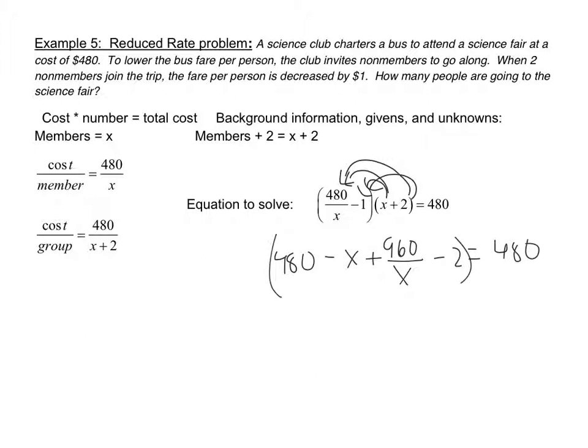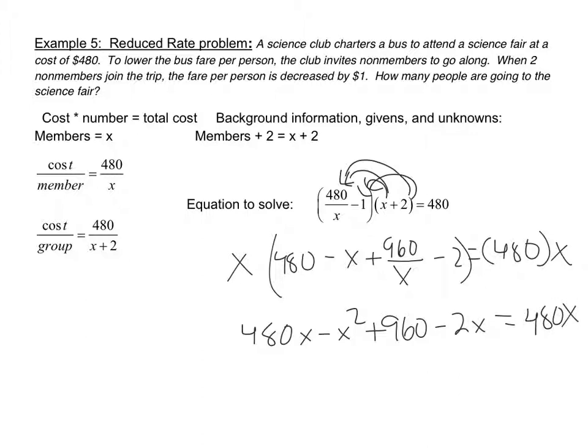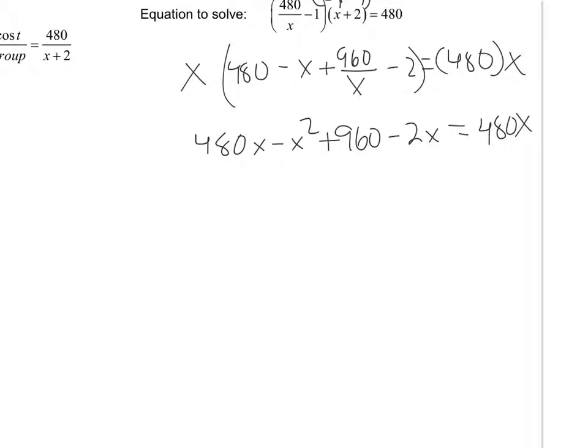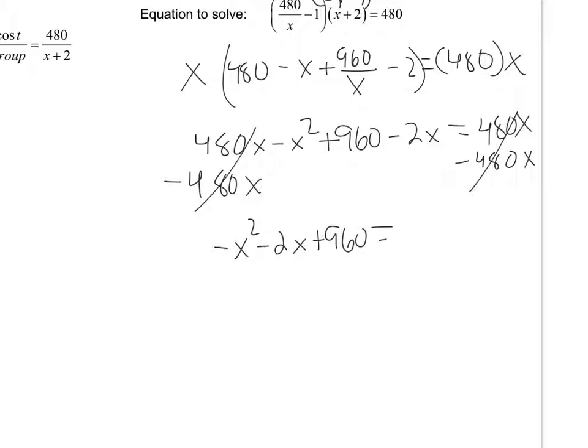Now we're going to multiply both sides of the equation by X. So you get 480X minus X squared plus 960 minus 2X equals 480X. Let's get it equal to 0. So I'm going to subtract the 480X. So you get negative X squared minus 2X plus 960 equals 0.